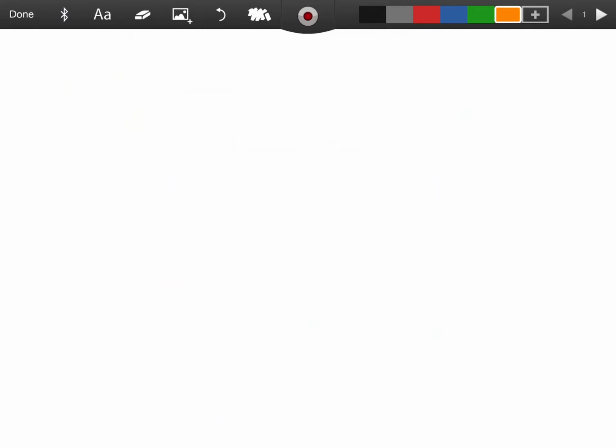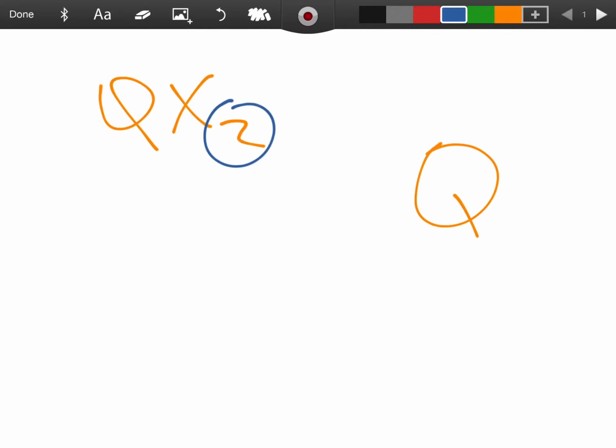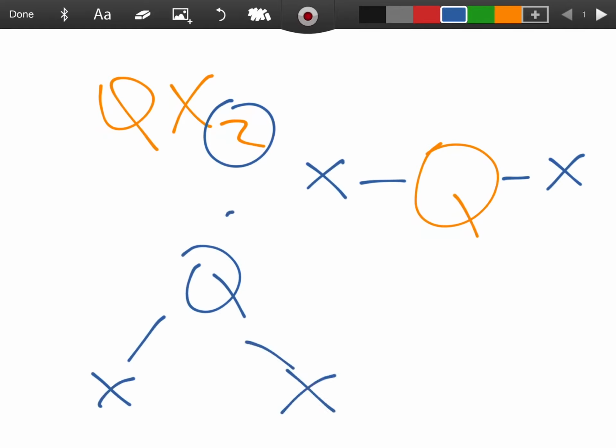So linear or V-shape would be your answers there. Okay. The next one then, it says 2 possible shapes for, now that's similar except they're just using different letters. So again, because of the 2 here, you can see that there's 2 X's. So that would be very similar, same answer, V-shaped or linear there as well.